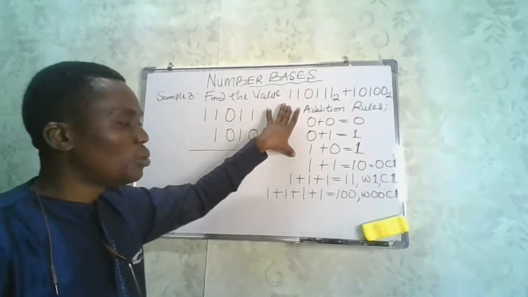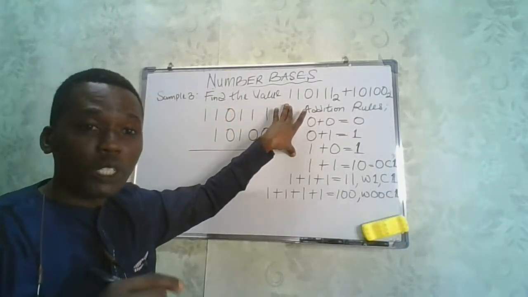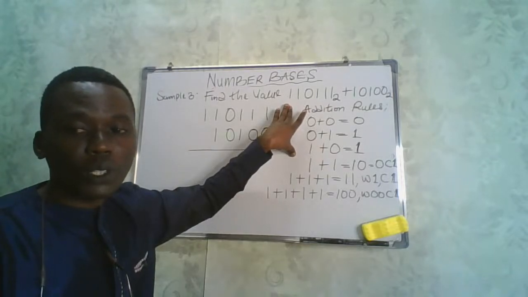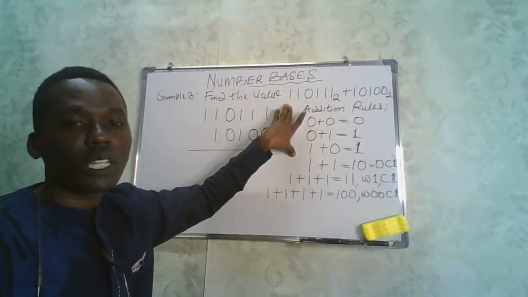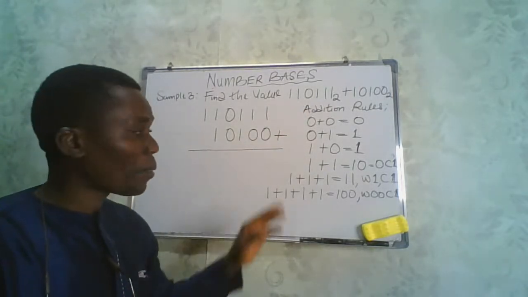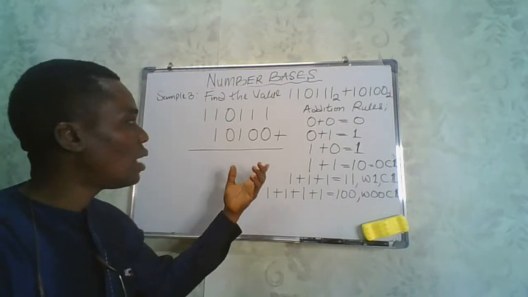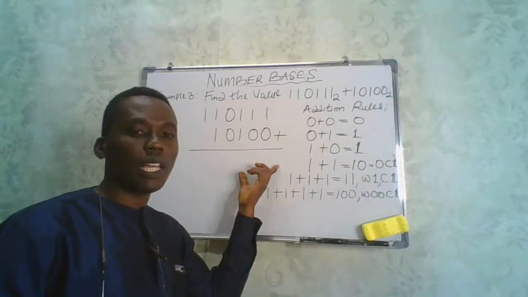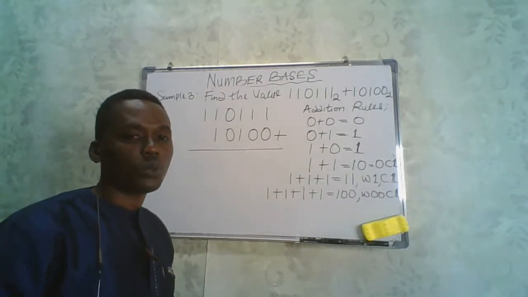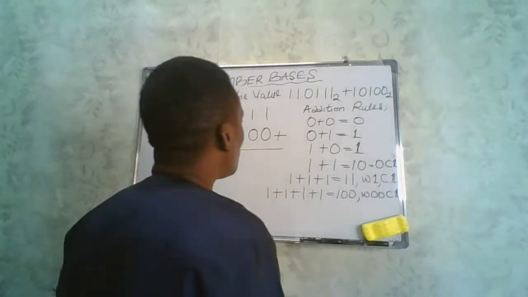These are the addition rules you must bear in mind when you carry out operations in number bases. Know these rules, bear them in mind, and see how you can solve questions like this using these rules. Now let's apply the solution to this.